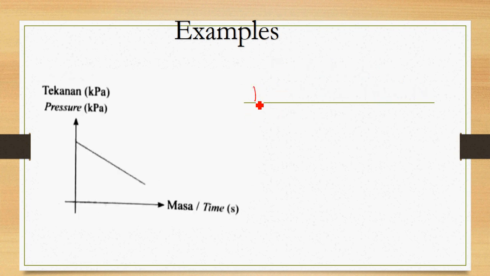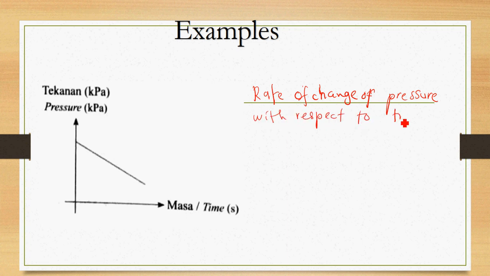So you must know already that the gradient represents the rate of change. But you must check the graph: rate of change of what, according to what. So the vertical axis is pressure, so the rate of change of pressure with respect to time.